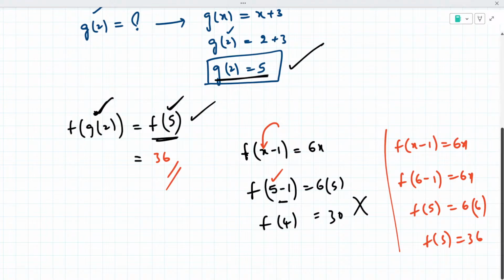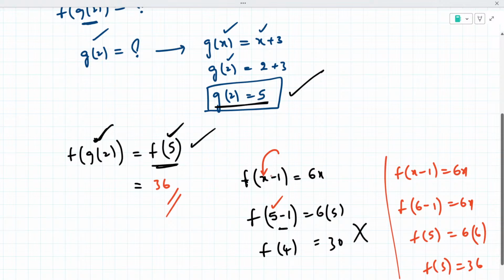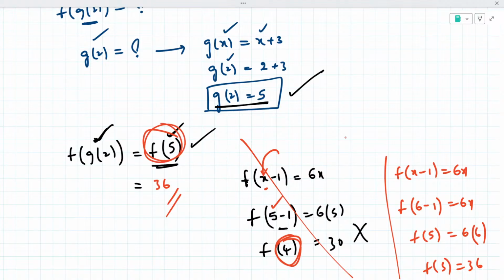So be careful. If you just substitute 5 in the place of x, you're going to get f of 4, but we need f of 5. We need to be careful in these kinds of questions.